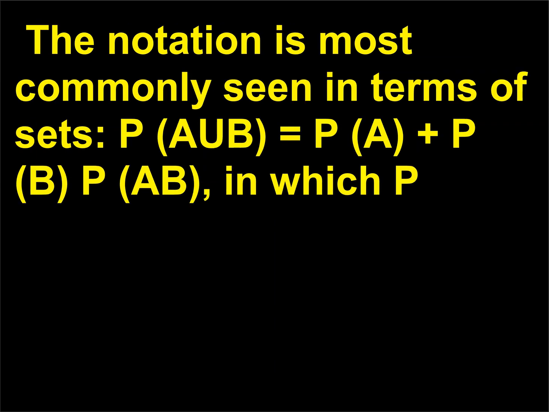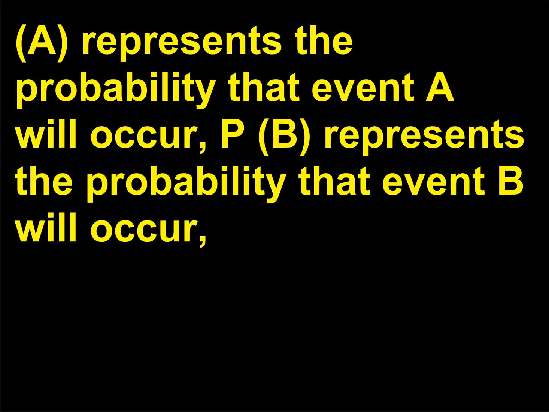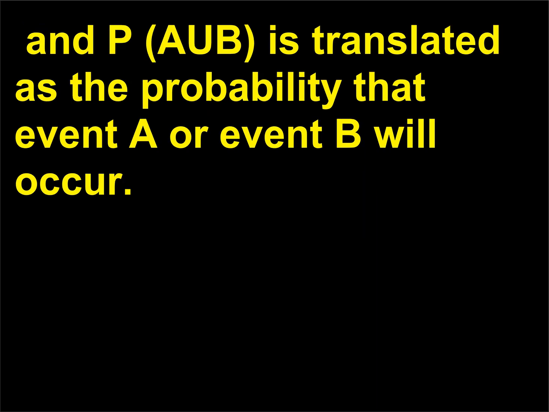The notation is most commonly seen in terms of sets, P(A∪B) equals P(A) plus P(B) minus P(A∩B), in which P(A) represents the probability that event A will occur, P(B) represents the probability that event B will occur, and P(A∪B) is translated as the probability that event A or event B will occur.